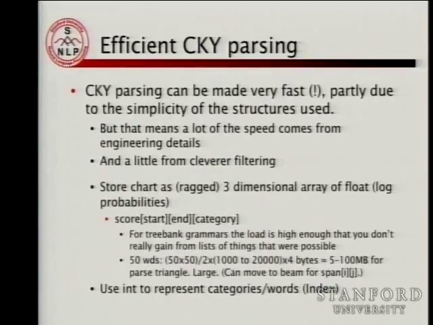And so you can make things very efficient and fast in a systems-y kind of way, where most other forms of parsing you have to have cleverer data structures with pointers and all of that kind of stuff.